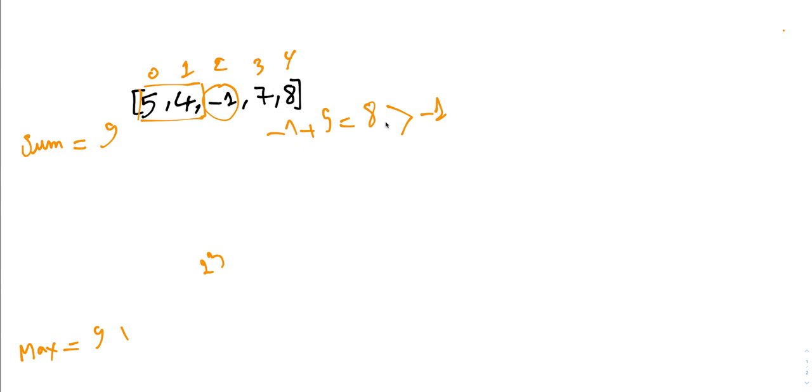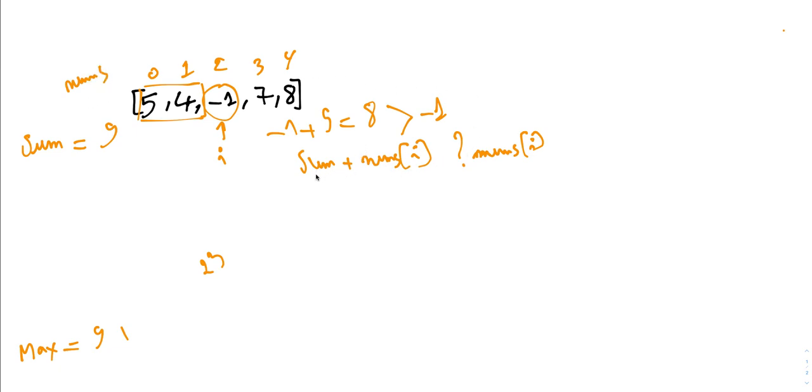Okay, so here the key of this algorithm is comparing the sum plus the number at the index i with nums[i]. nums is this array, okay?